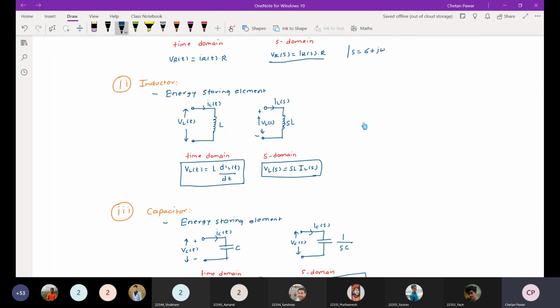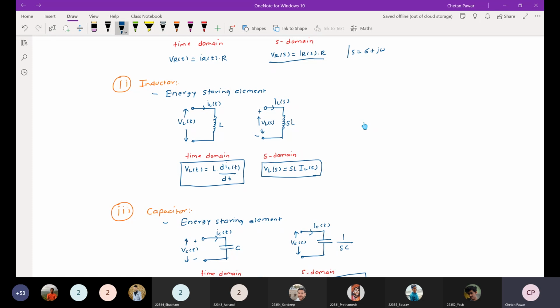The voltage equation in the time domain is L di_L by dt. If you apply the Laplace transform to this, the S domain equation is V_L(s) equals sL into I_L(s), because for differentiation in the time domain, you multiply that signal's Laplace transform by s in the S domain.